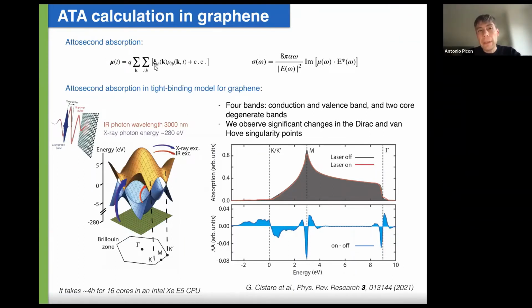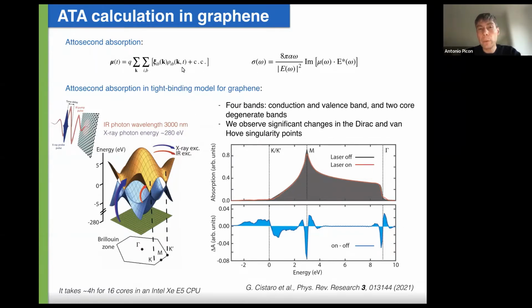Note that here it's like in the experiment. We send the attosecond pulse, for example, and it starts the dynamics. After the dynamics, we do the Fourier transform, right? But this pulse doesn't need to be monochromatic or weak.